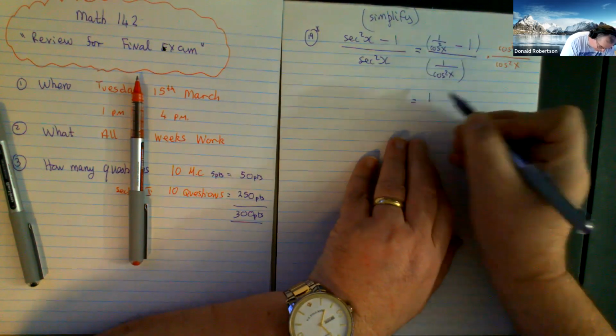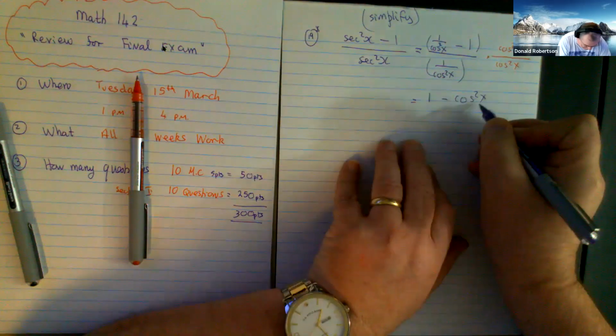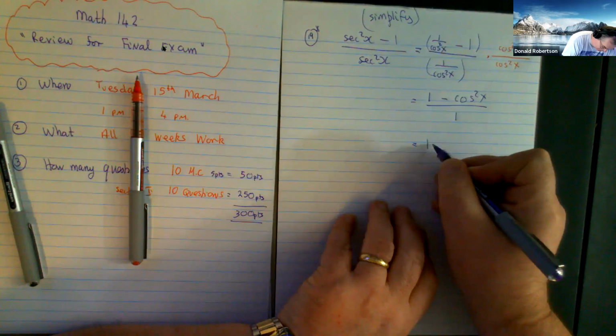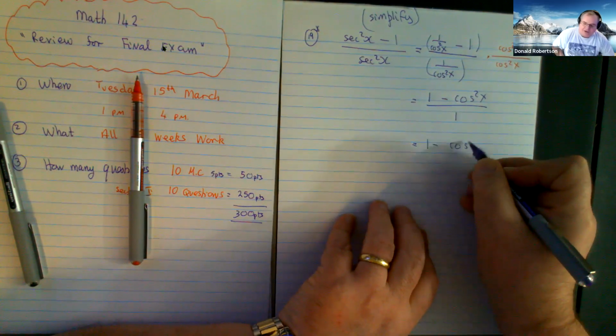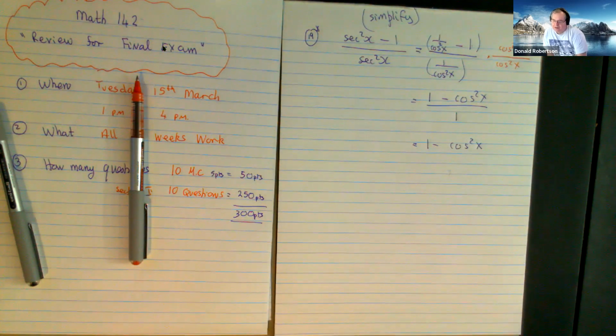If you multiply -1 by cos squared, you get negative cos squared. If you multiply this by cos squared, you get 1. So I'm now at that stage. Did you see it came out quite nice? And if this was a multiple choice, one of my answers would have been this one. But it's not the simplest answer.